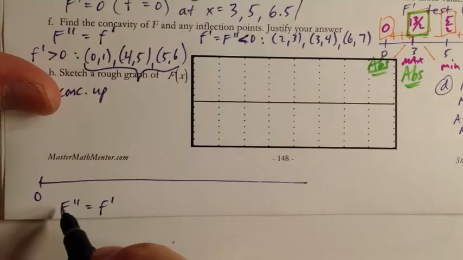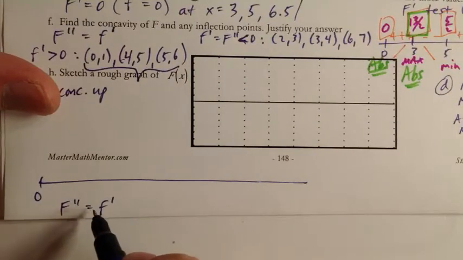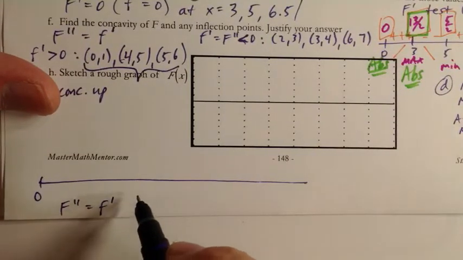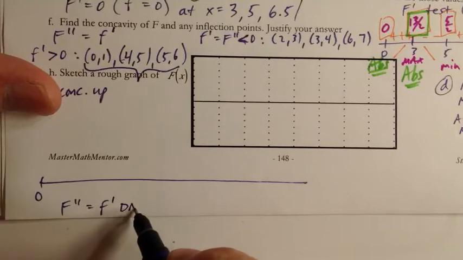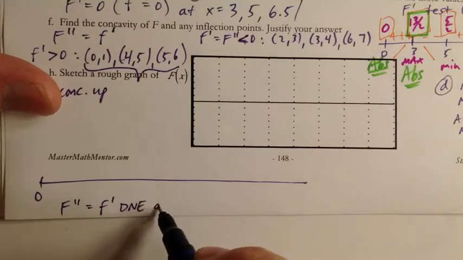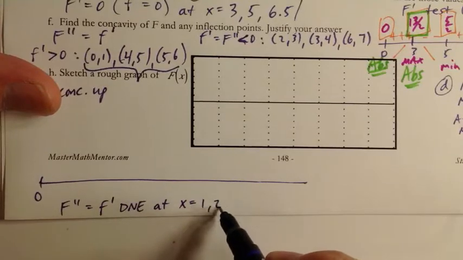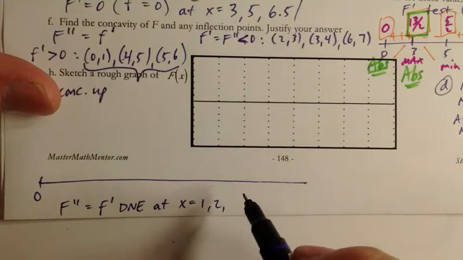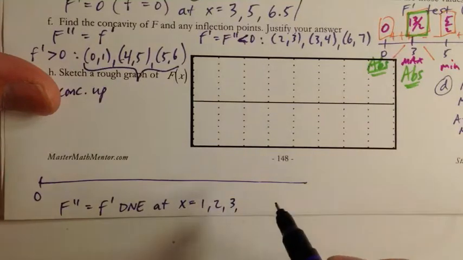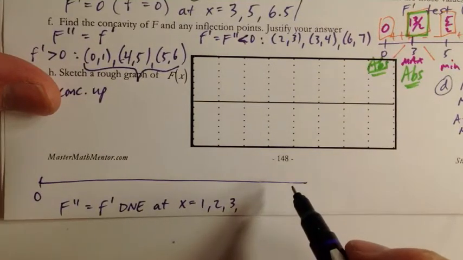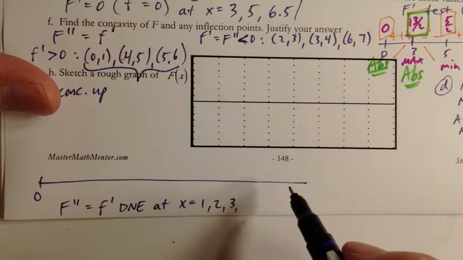Capital F double prime, which is lowercase f prime, does not exist at x equals 1, 2. It looks like there's a sharp point right there at 3. As you can see, the slope is down 3 and over 1, negative 3 and down to negative 4.